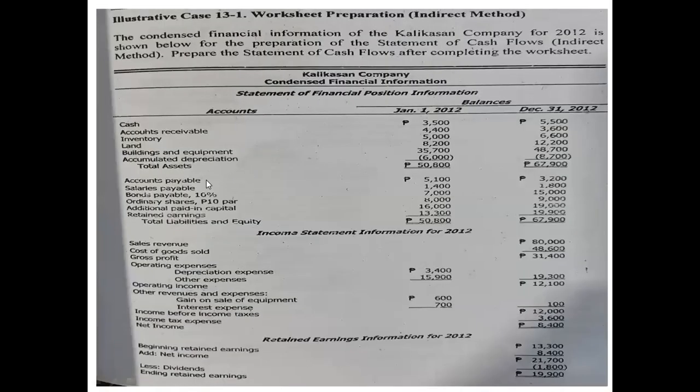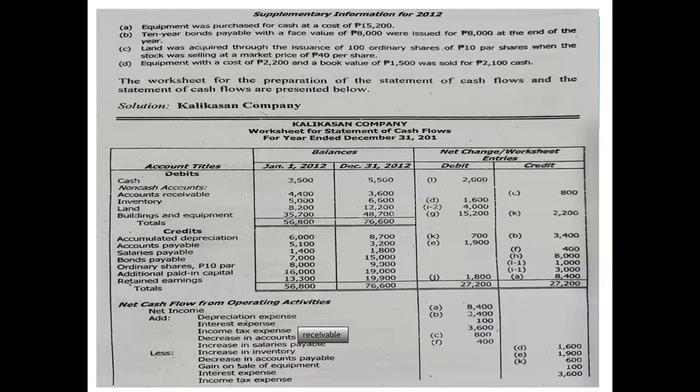So the accounts payable in January 2012 is 5,100, and by December 31, that's 3,500. So that's a 1,900 decrease.